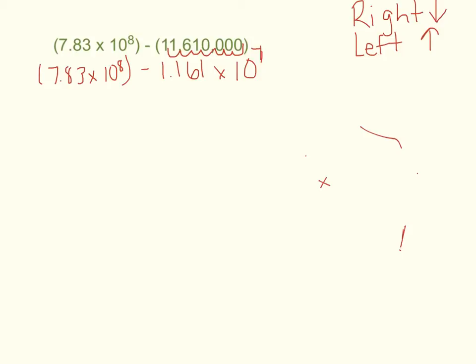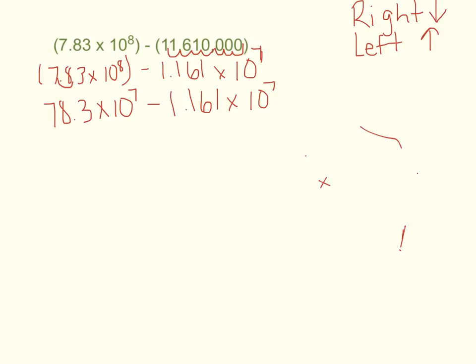I want to change that from a 10 to the 8th to a 10 to the 7th. So I'm going to move my decimal point one place to the right. And I'm going to get 78.3. And then it becomes times 10 to the 7th minus 1.161 times 10 to the 7th.